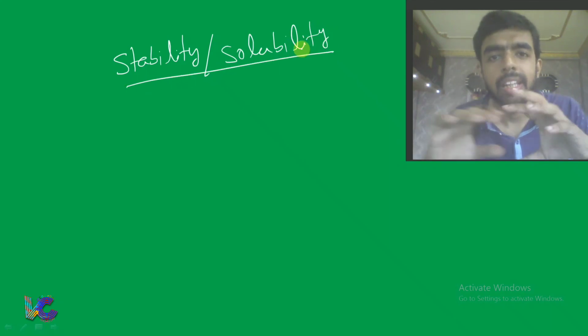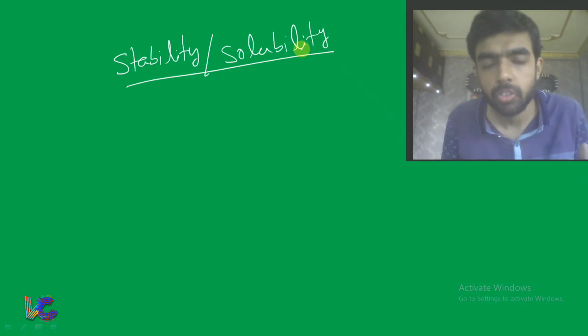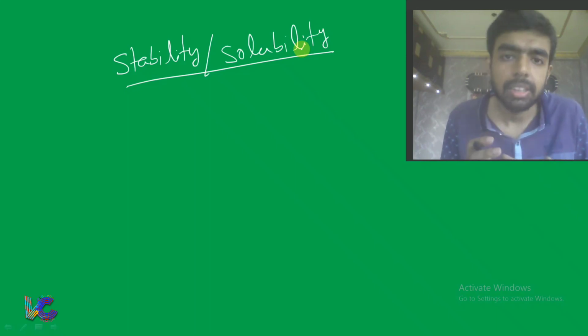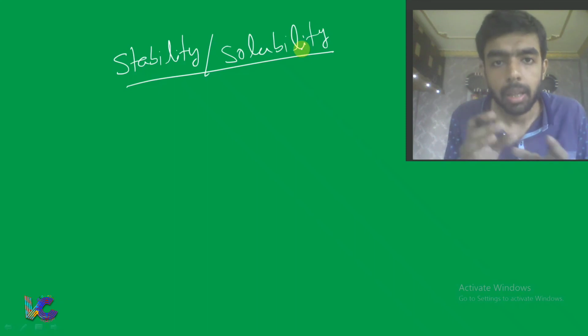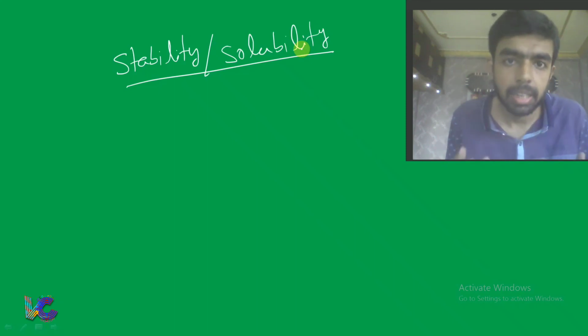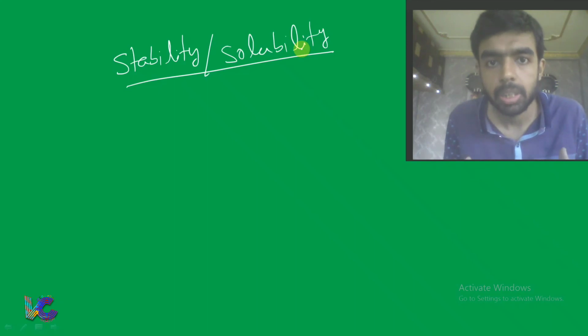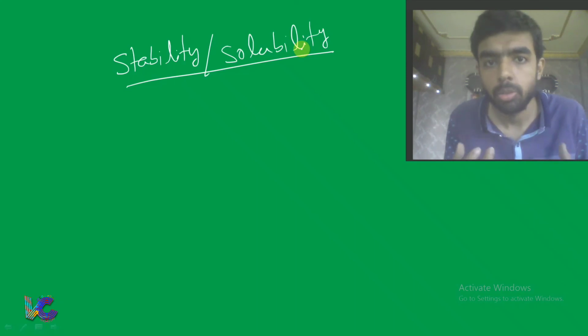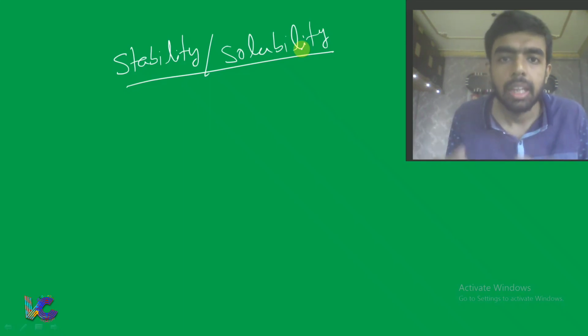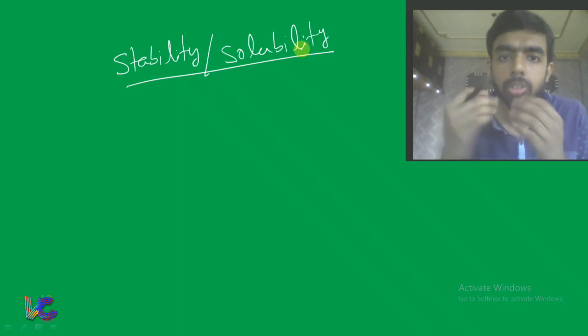When we are explaining the stability of the complexes and the solubility trend by the HSAB principle, you also have to understand that this is one of the ways of explaining the stability pattern or solubility. There are many other factors besides HSAB which can explain the stability factor and the solubility factor. So the HSAB principle is a very general idea that can explain the stability order and the solubility order. But you have to understand there are also many other factors involved in the stability and the solubility of the complexes.